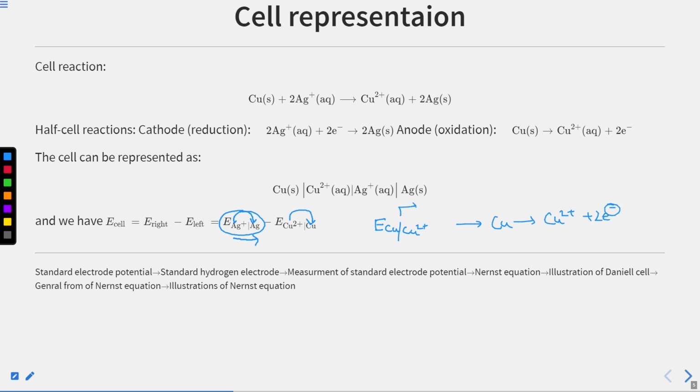It will be the oxidation potential in that case. But here it is given that Cu2 plus is going to Cu, so it is the reduction potential.